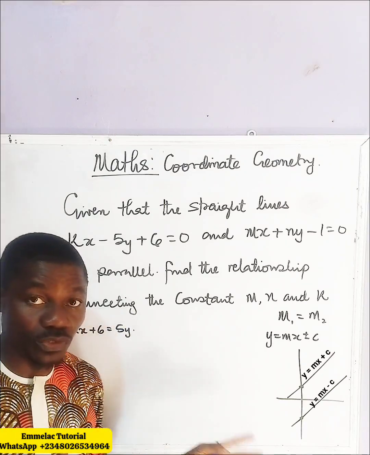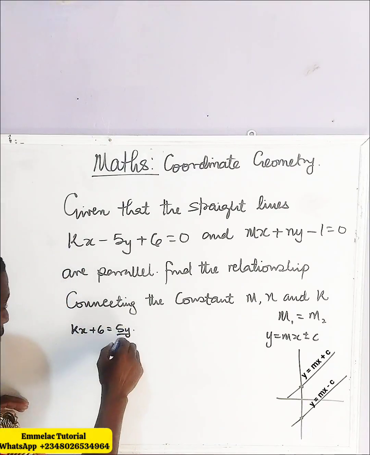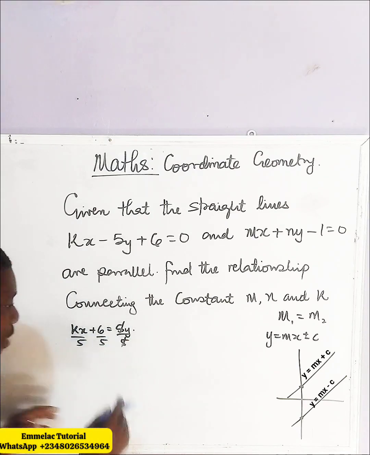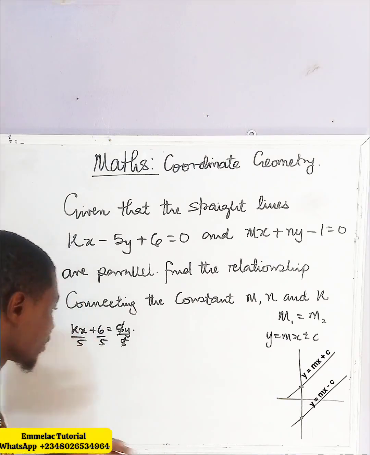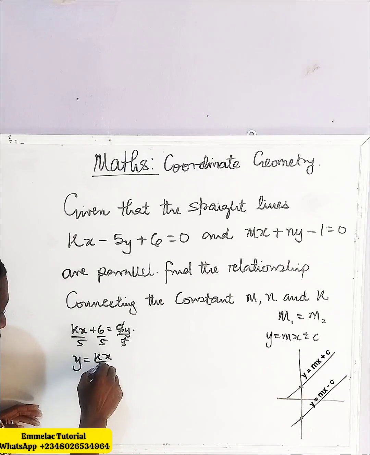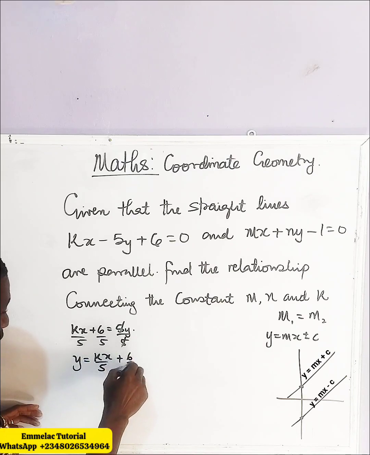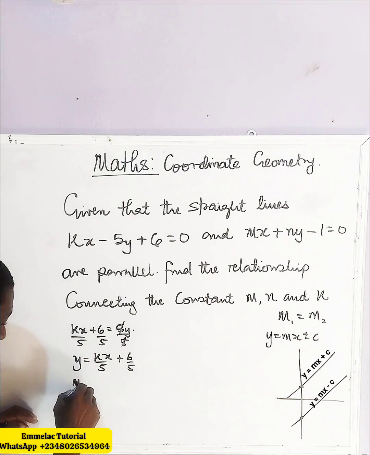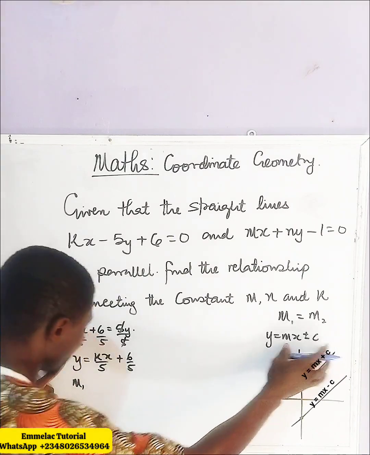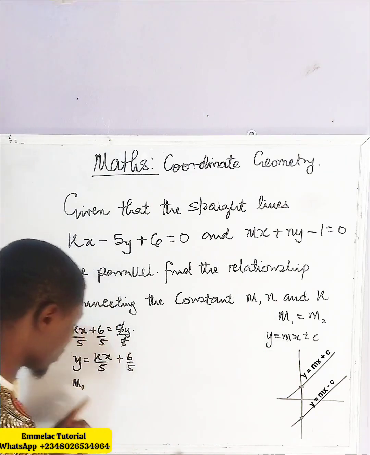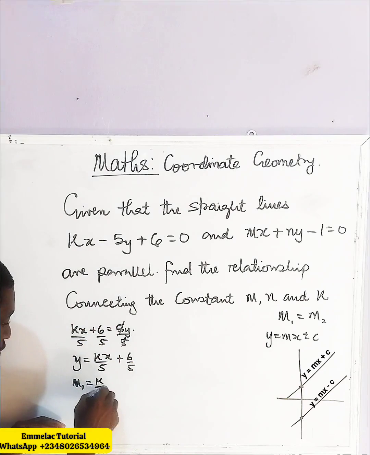Now dividing both sides by 5, we have that y equals kx all over 5, then plus 6 all over 5. So in this case, let's make this m1, because if I align this with y equals mx plus c, it means k all over 5 will be our gradient. So let us name it m1, that is k over 5.